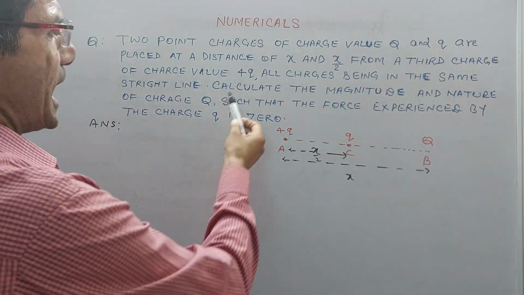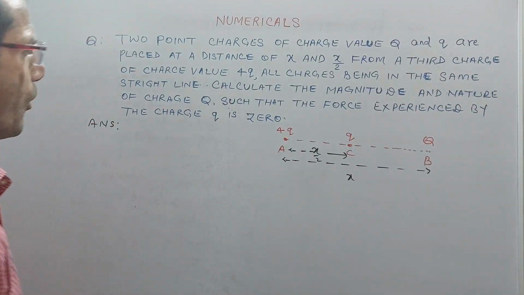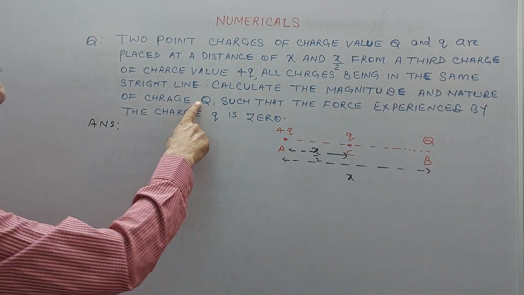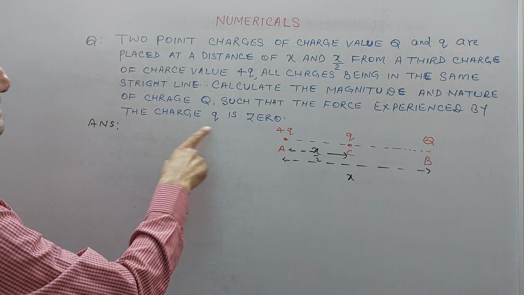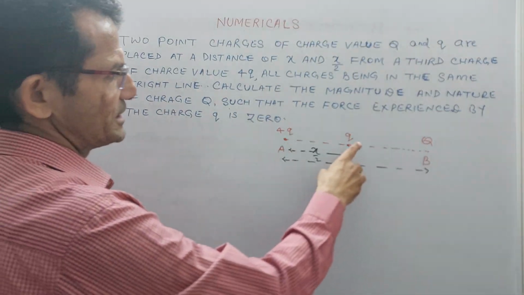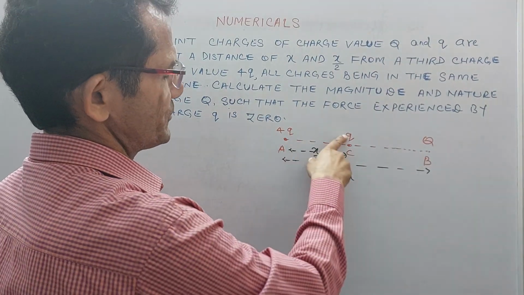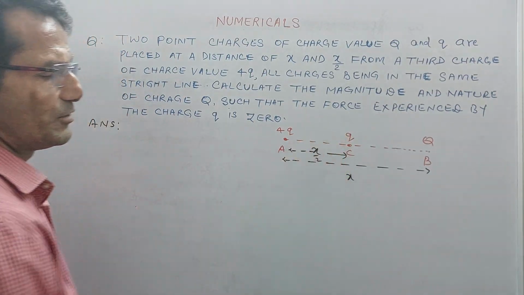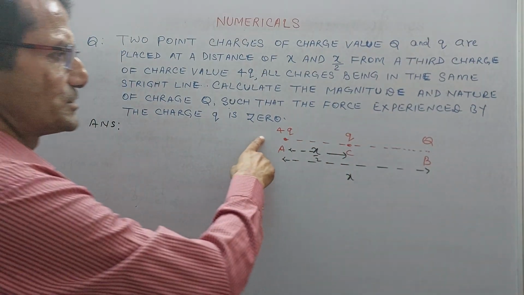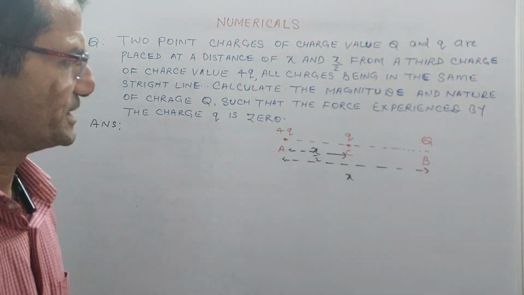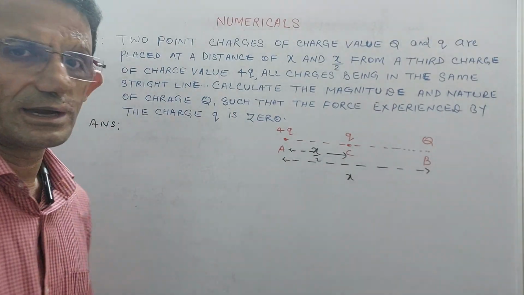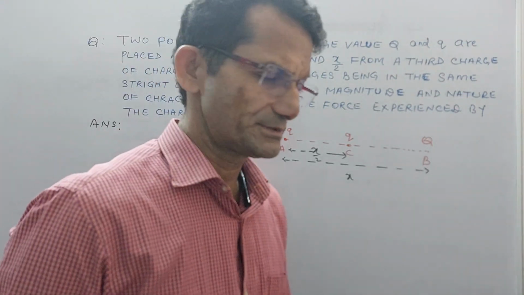Calculate the magnitude and nature of the charge capital Q such that the force experienced by the charge capital Q is 0. Here look at these charges. Let us suppose the 4Q and Q have the same positive charges. Either both should be positive or both should be negative, so we can calculate the answers for both cases.